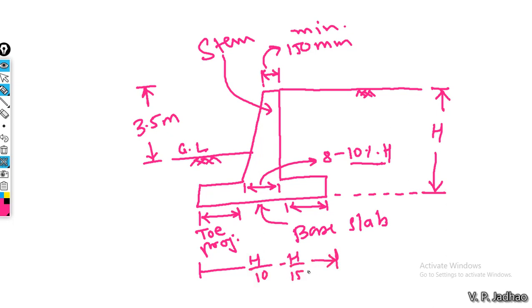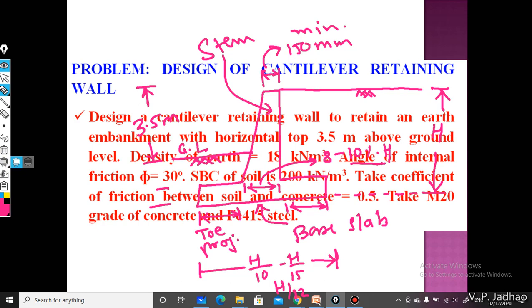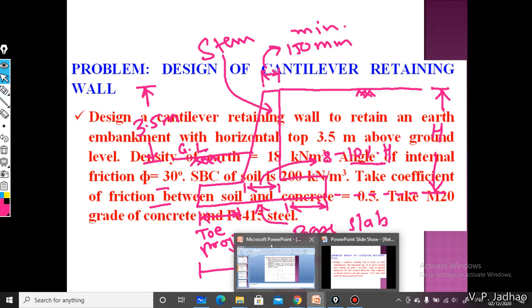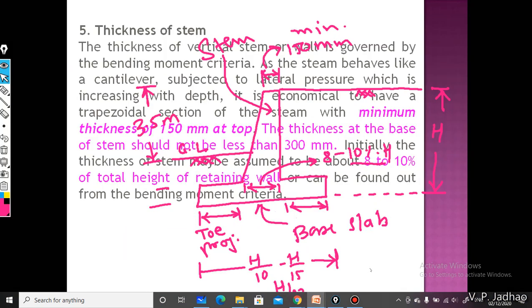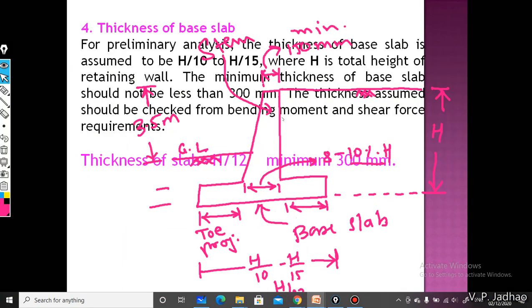This total base width, we will take as H by 12, whereas the thickness of your base slab should be taken as, just a minute, H by 10 to H by 15.